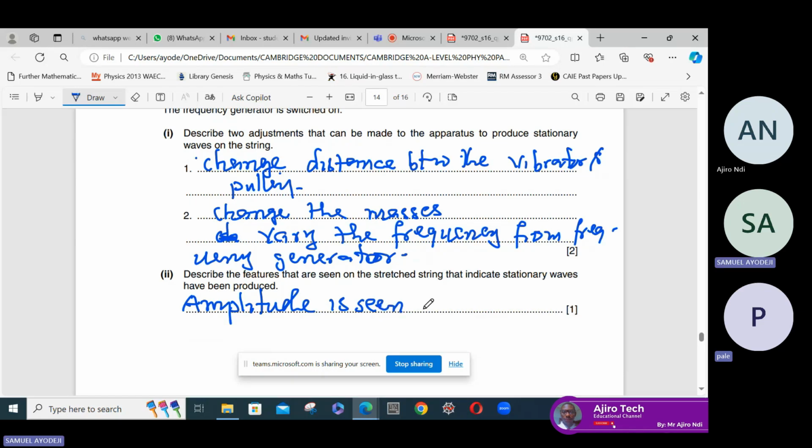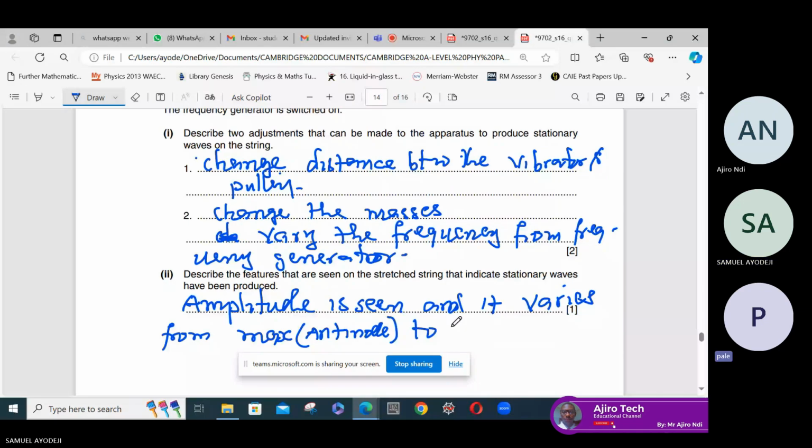Yes, sir. I was saying that if I wrote about the node and antinode, I'd still get my mark, right, sir? Just put it this way: it varies from maximum, which is called the antinode, to zero, which is called the node.